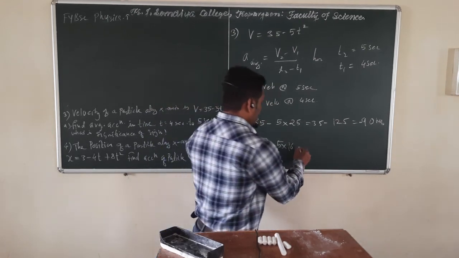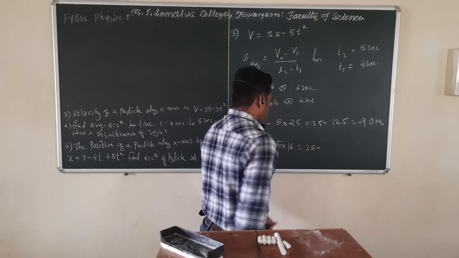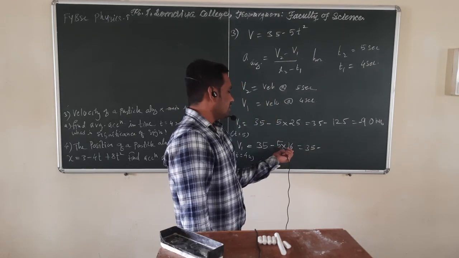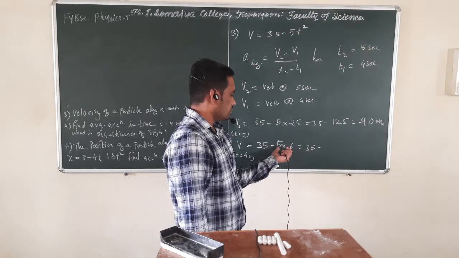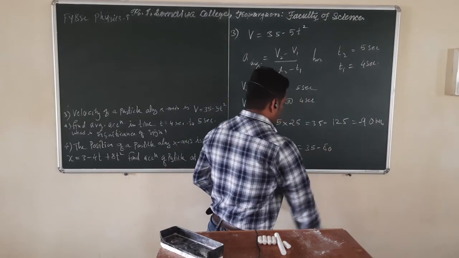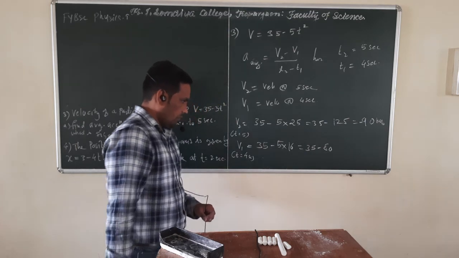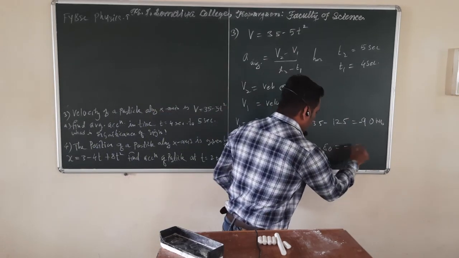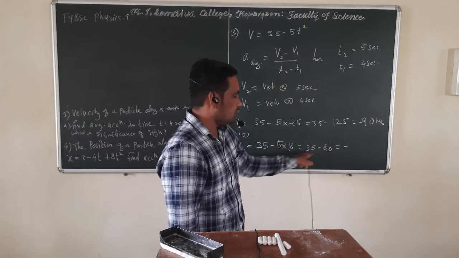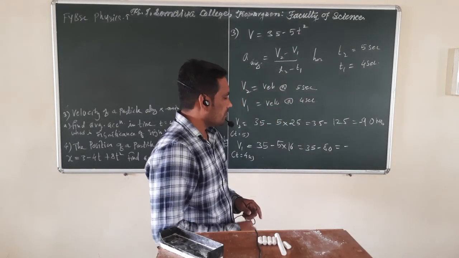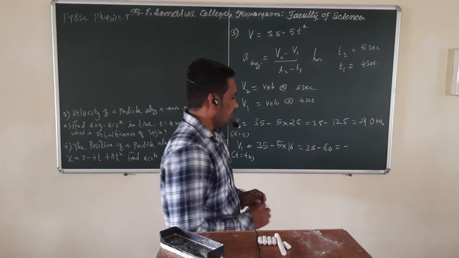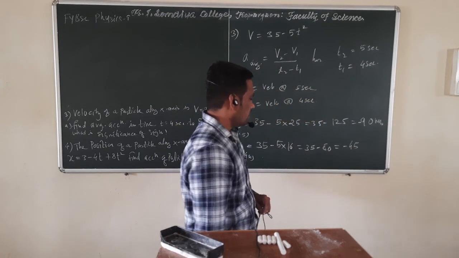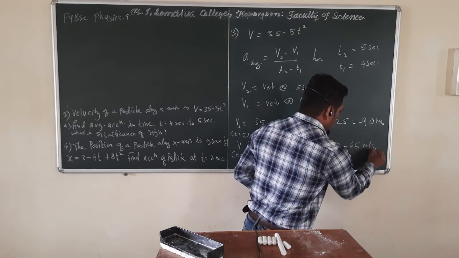Okay, so this is equal to 35 minus 16 into 5, which is 80. Now if you subtract this, what will we get? We will get minus 45 meter per second.